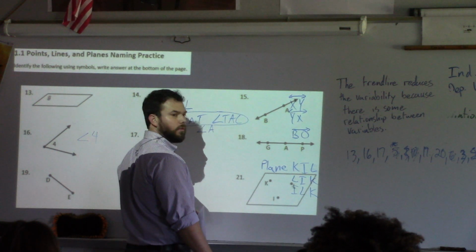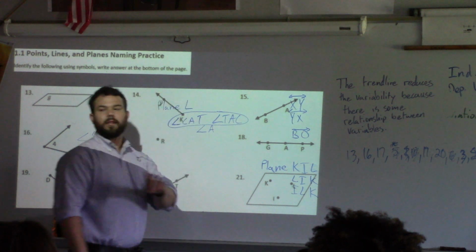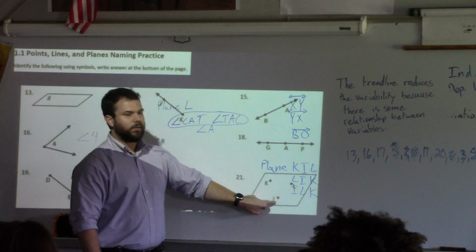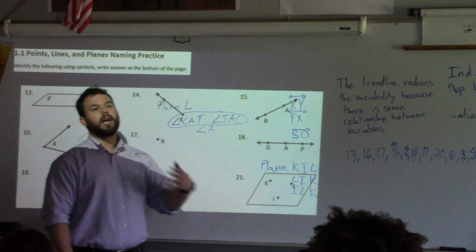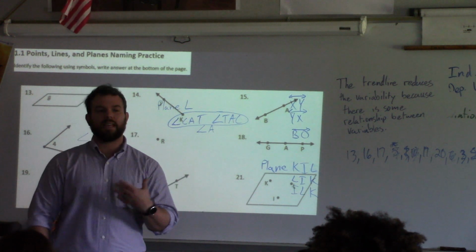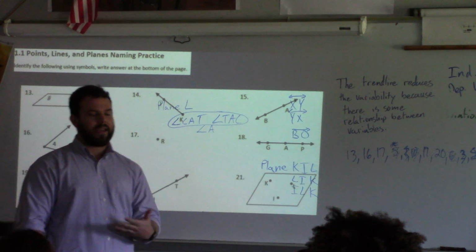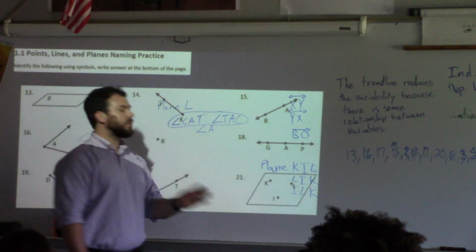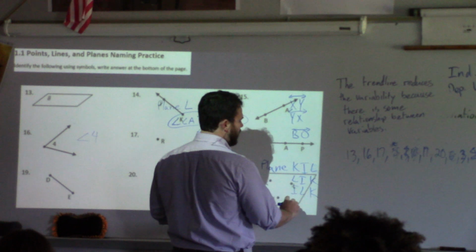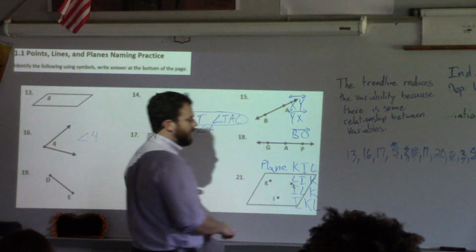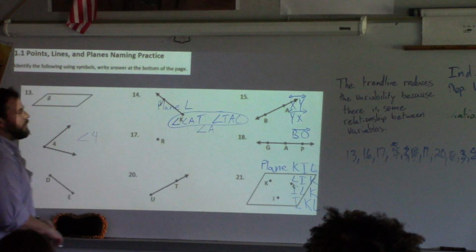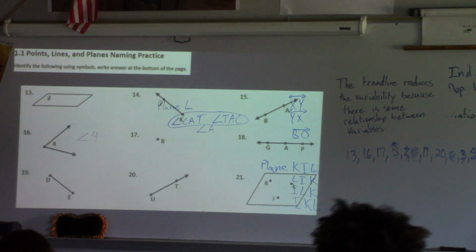Why? Because it's a vertex. Is I a vertex? No. Why not? Because it's not an angle. We want to recognize that it is a plane. It is not an angle. So the order does not matter for any of these. That's just for a plane, right? If it was an angle, I would have to worry about it. But I don't.